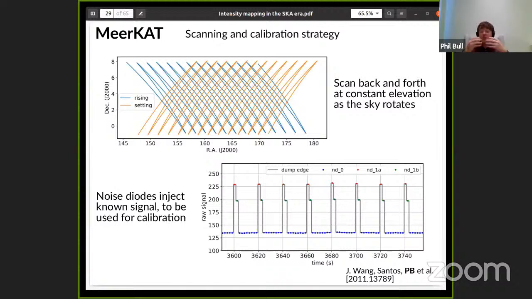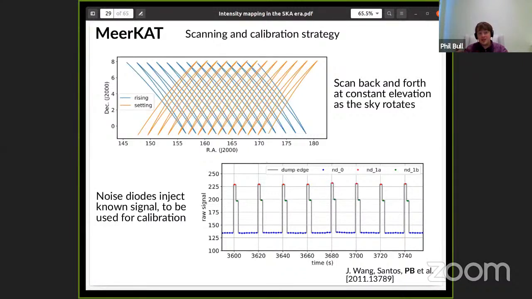But yeah, you want the noise diode to go through as much of the rest of the instrument as you possibly can, so it gets affected by the same effects as the signal. You wouldn't just have a noise diode that you shine into the dish. That would cause lots of problems, I think. But quite soon after you've initially brought the signal into your electronics is where you normally want your noise diode to be.